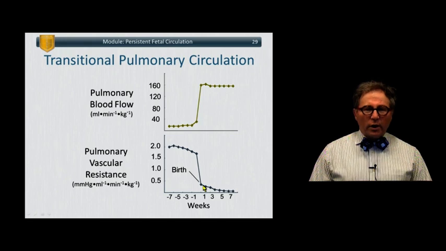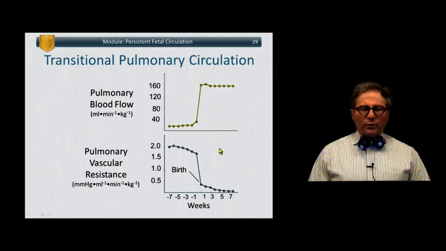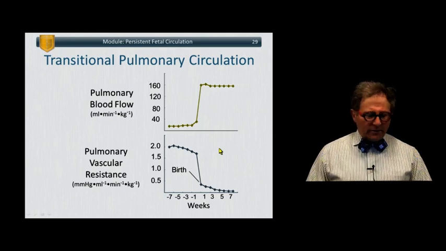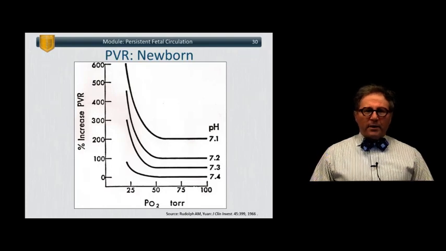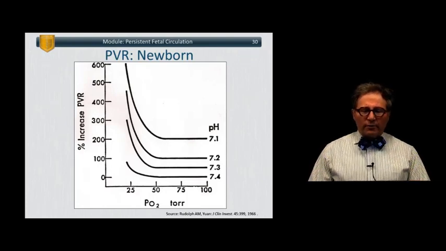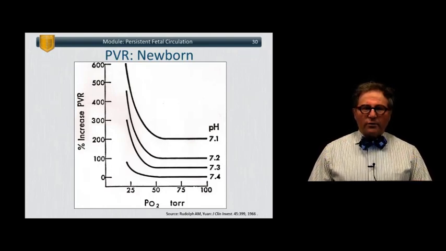The resistance decreases by about 200%, and the complementary increase in pulmonary blood flow that ensues ensures adequate circulation as the child begins to take the first few breaths. But the baby remains vulnerable to reversion of that pulmonary vascular resistance to very high values.